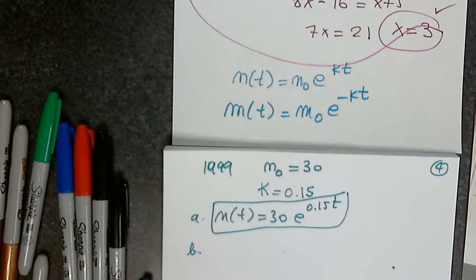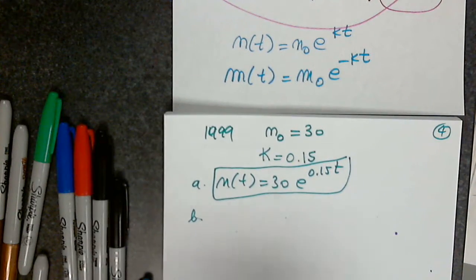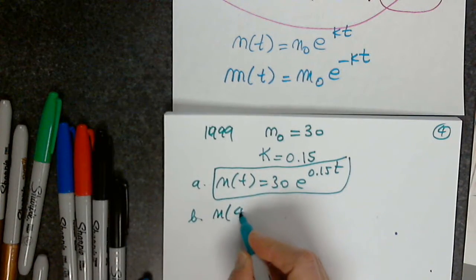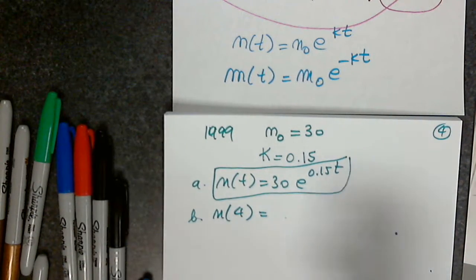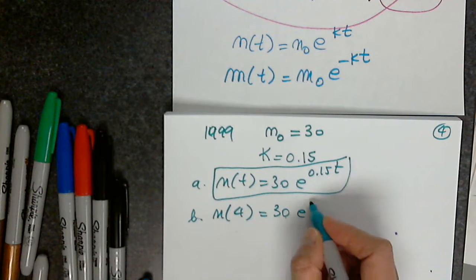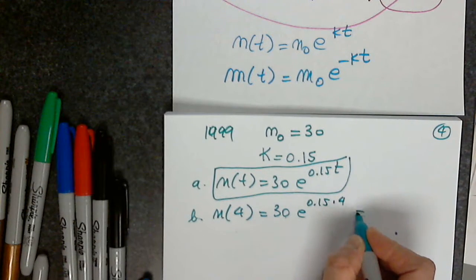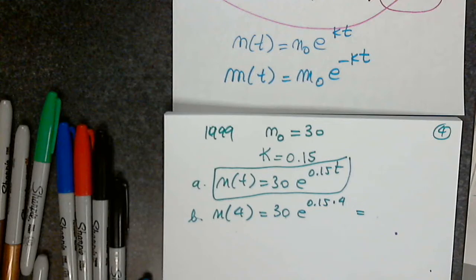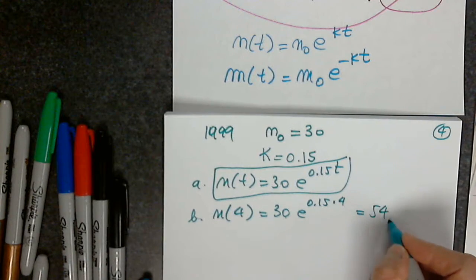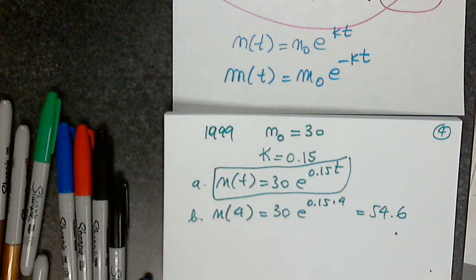Part B. Find the exact population after 4 years. N of 4. We just plug it in. 30 e to 0.15 multiplied by 4. How much did you get, Shane? 54.6. Good. So I can't have 54.6. I can't have 55. I would say 54.